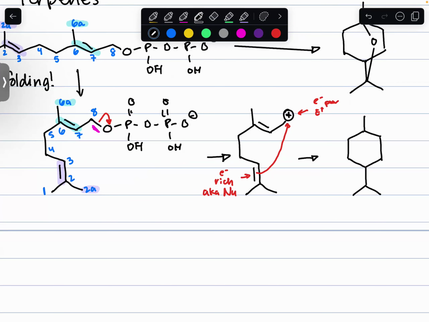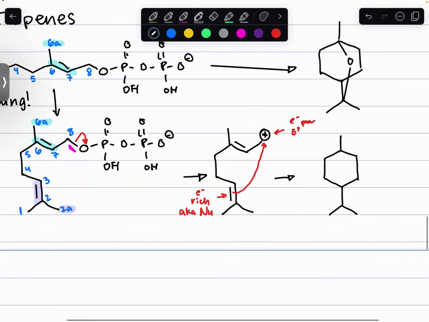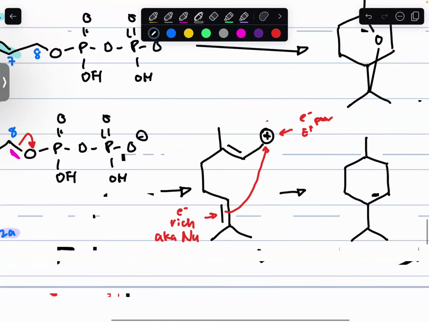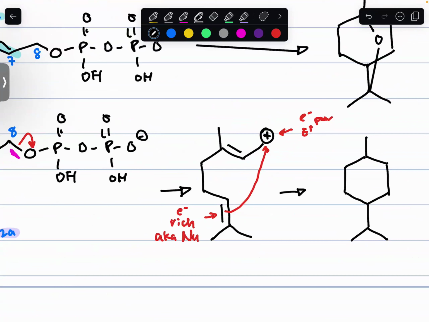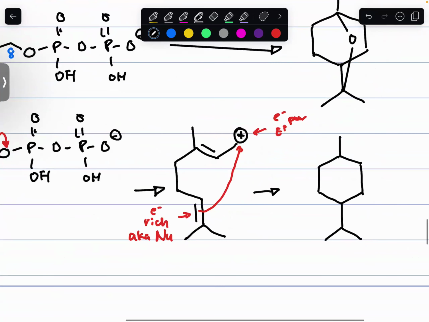Now, if we took the electron, this here is an electron poor electrophile. So it's E minus poor, E plus, big E plus. So what am I missing in this structure that I've just drawn?